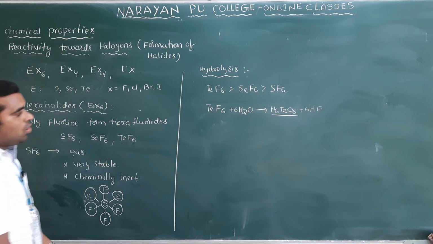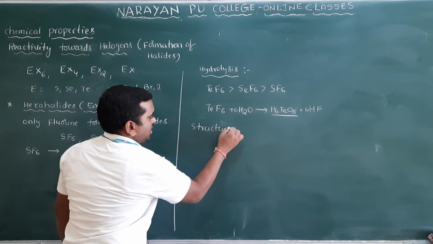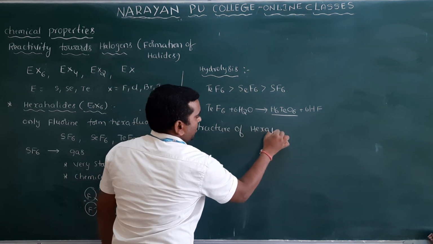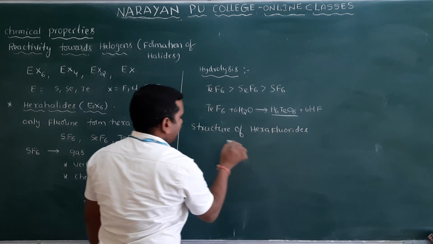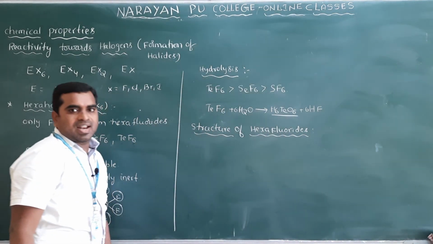So this is about hexafluorides, and now we have to discuss the structure of hexafluorides. Why have we not discussed the other halides, like chlorides, bromides and iodides?